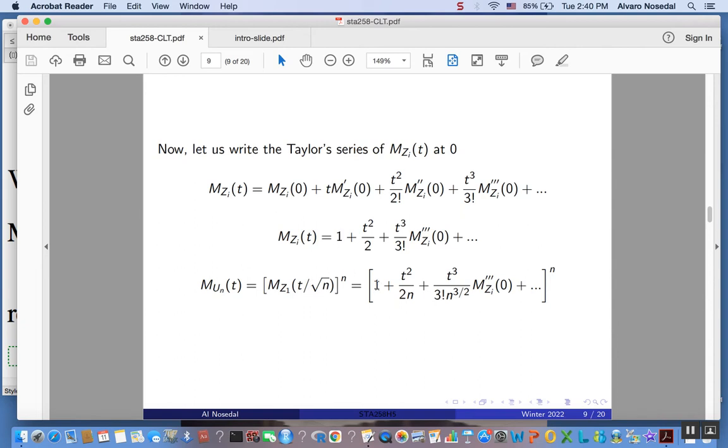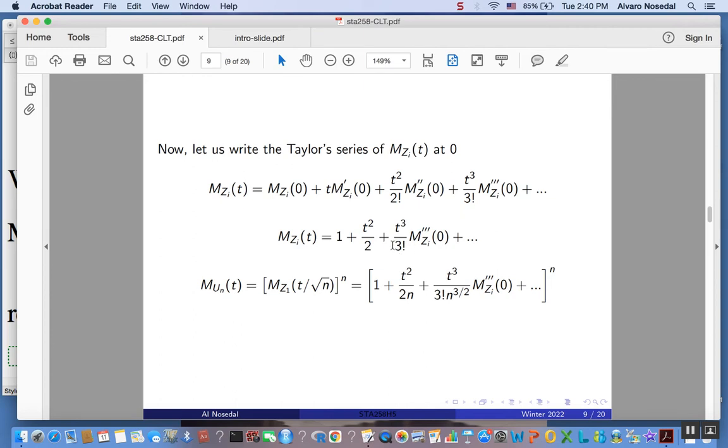So 1, that's okay. T squared divided by the square root of n squared, that's just going to be n, and that's the 2 that we have here dividing. T cubed, instead of t cubed, we are going to have t over the square root of n, cubed, right? That's going to be the same as t cubed over n to the power 3 over 2, right?